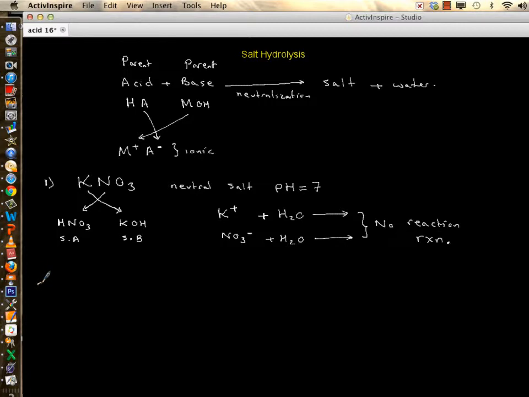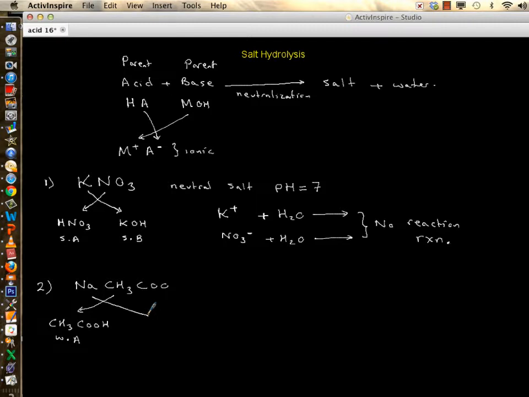The second case you might come across in IB is, for example, if you have something like sodium ethanoate. Now, the acid is coming from ethanoic acid, CH3COOH, which is a weak acid. All carboxylic acids are weak.